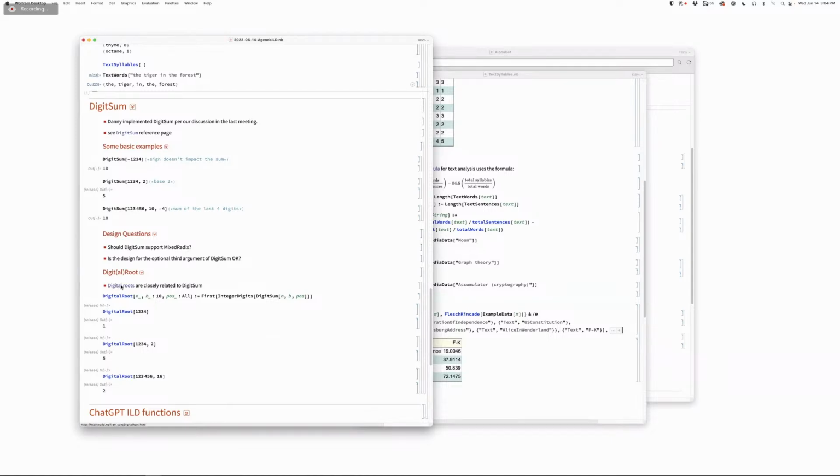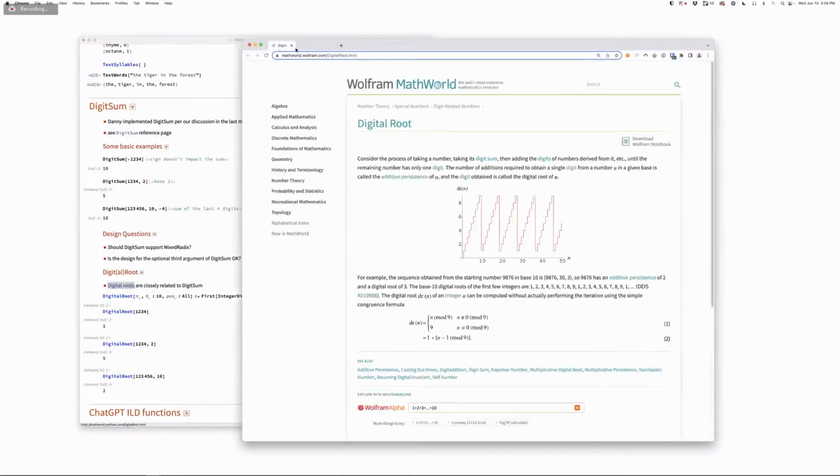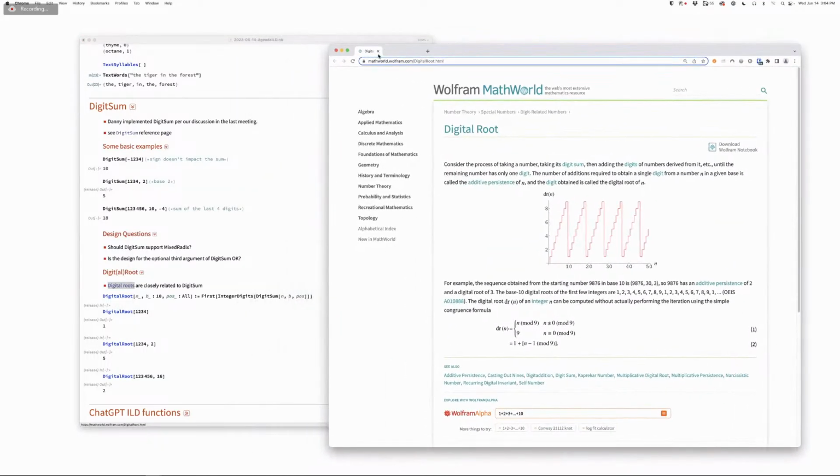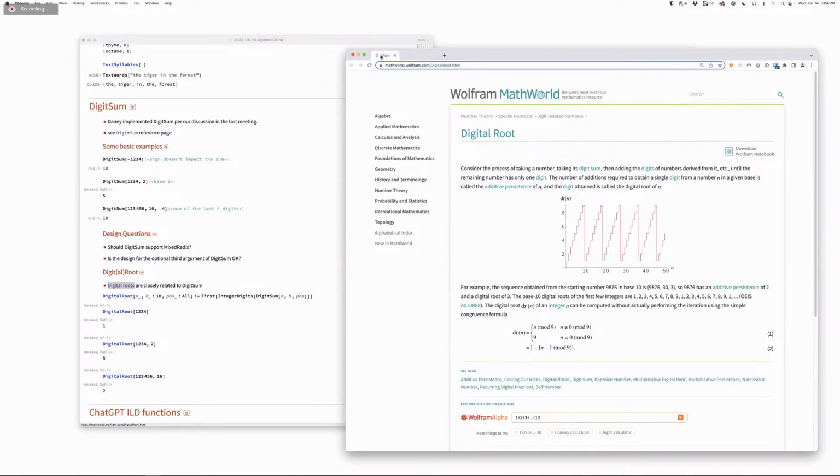I thought it was the fixed point of DigitSum. Sorry, what was that, Ian? I thought that it was the fixed point of DigitSum. That probably makes more sense. It's like casting out nines. Yeah. It's a general case of casting out nines. Sounds like a lovely WFR. Okay.